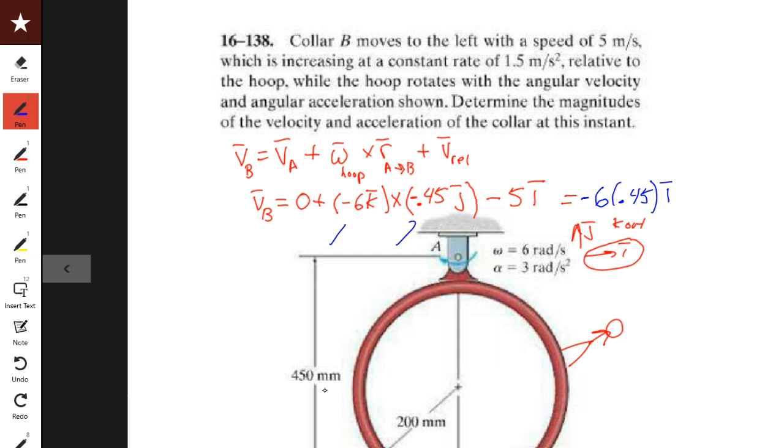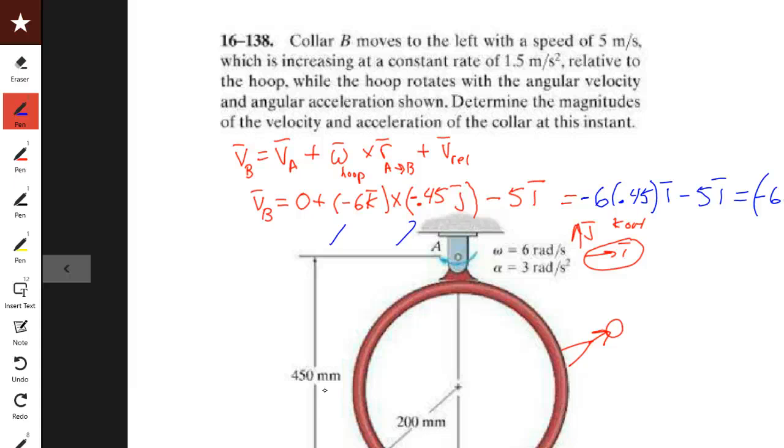So I do the cross product, and then I have another -5I. So the answer is whatever 6 times 0.45 is. So it's going to be a -6 times 0.45 minus 5. All of that is in the I.